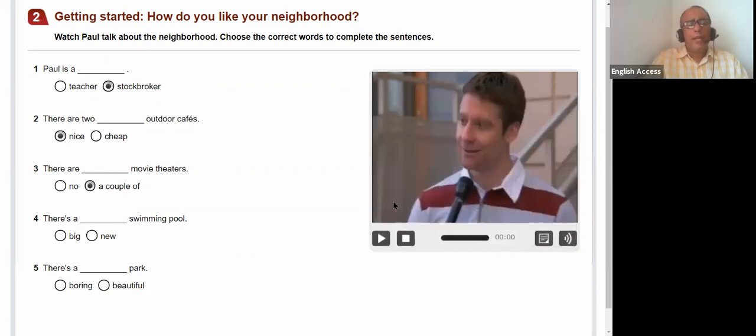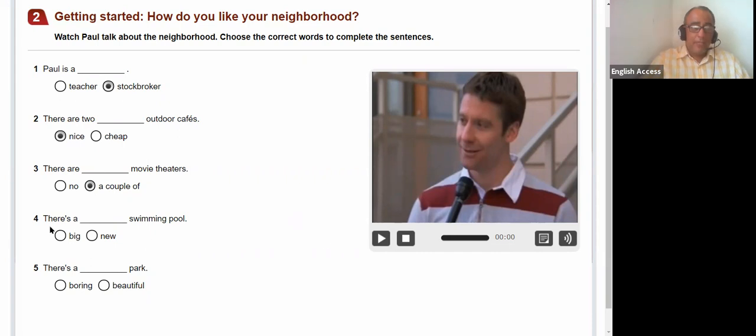A couple means 2, 3, maybe 4 objects. In Spanish, when you say "un par", you mean 2 things. In English, a couple means 2, 3, or 4 things.